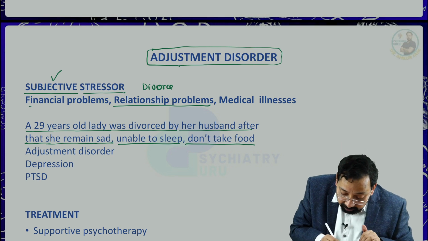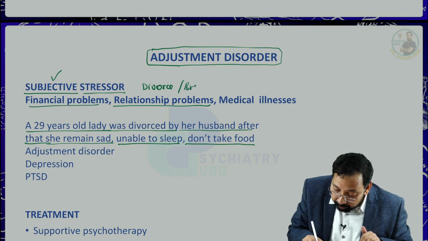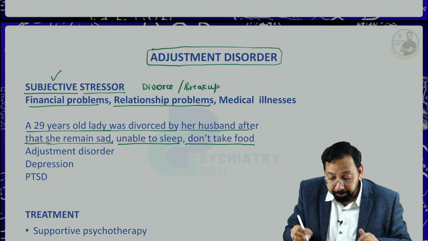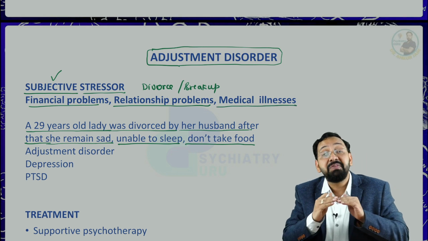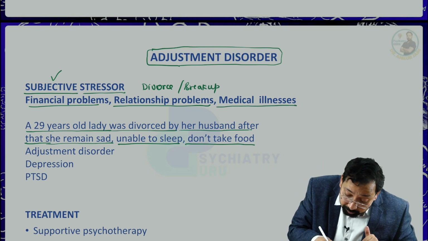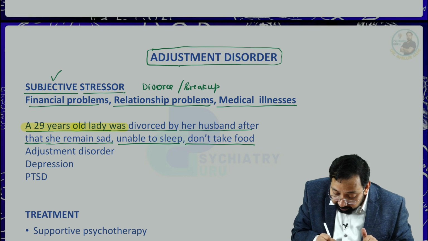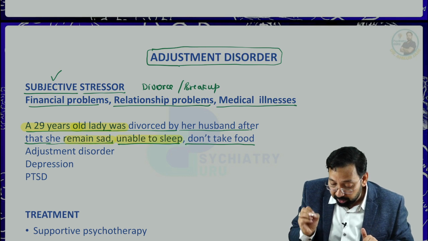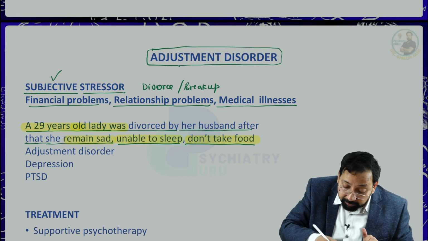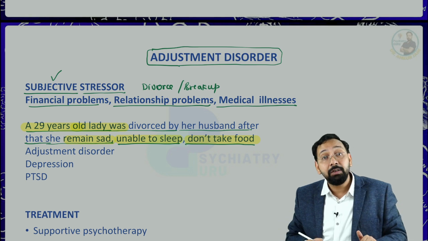In the same way, financial problem, breakup, which is a relationship problem, medical illness, they are subjective stressors. As I told you in this question, after breakup or divorce, the 29-year-old lady is now having sadness of mood, unable to sleep, doesn't take food. These symptoms are also present in depression.